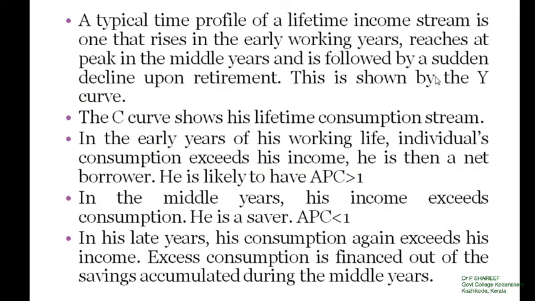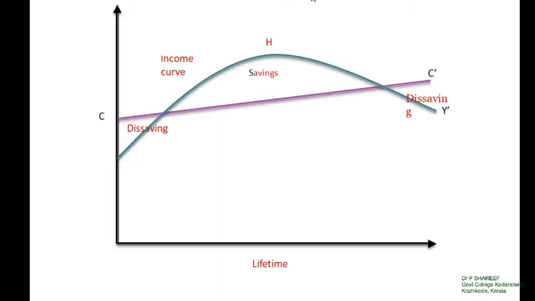In the early years of working life, the individual's consumption exceeds his income. He is then a net borrower. During the early periods, the average propensity to consume is greater than 1. That is, the consumption is higher than the income.